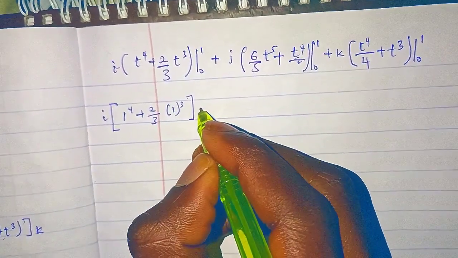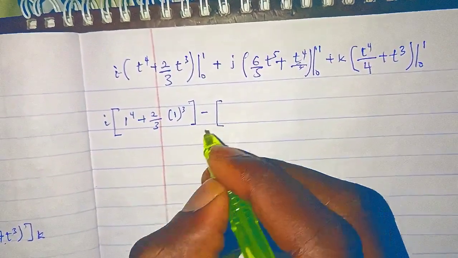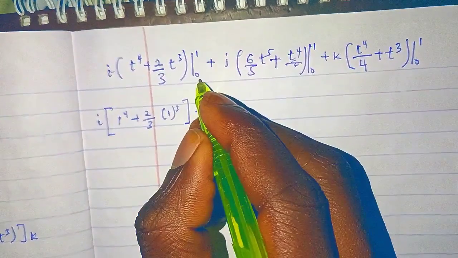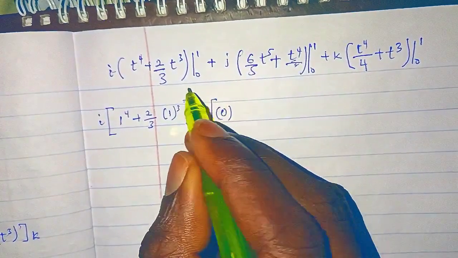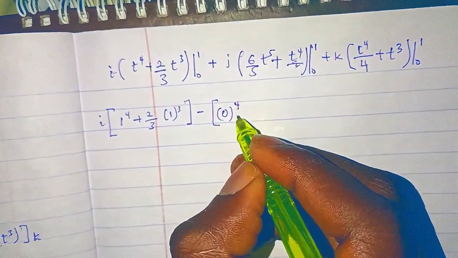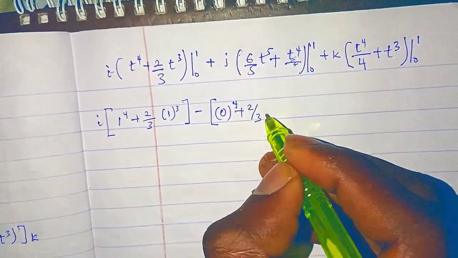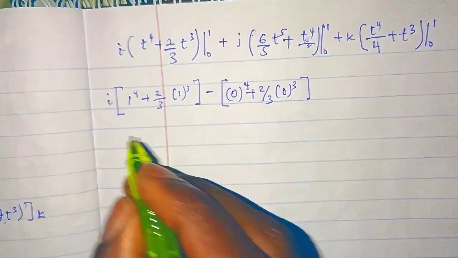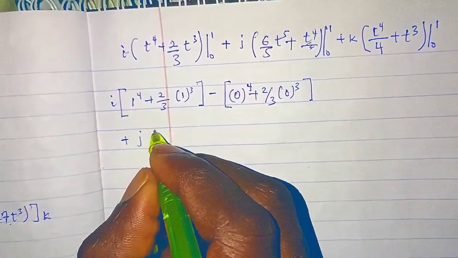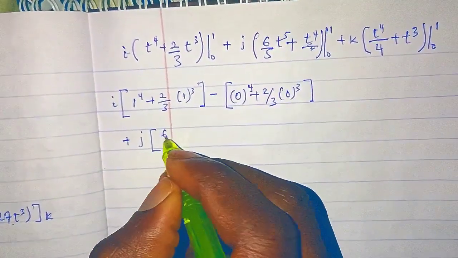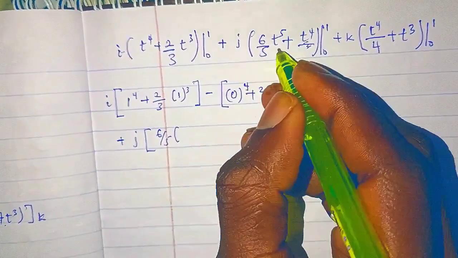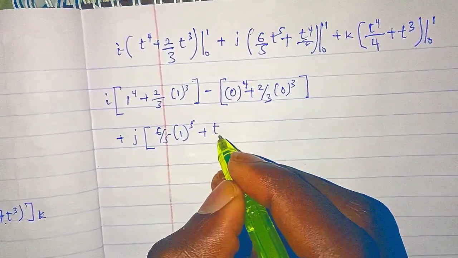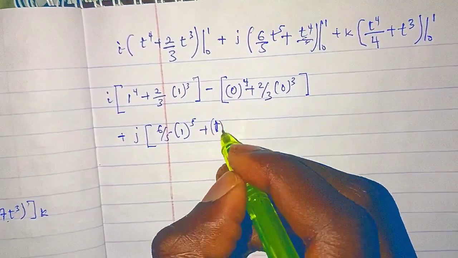Now you subtract from this the lower limit, where anywhere you see t, you put 0: 0 to the power 4 plus 2 all over 3 into 0 to the power 3. Plus j, take your limits: 6 all over 5 into 1 to the power 5 plus 1 to the power 4.